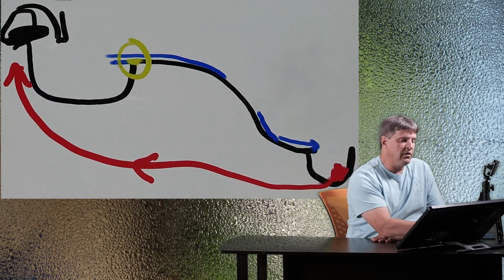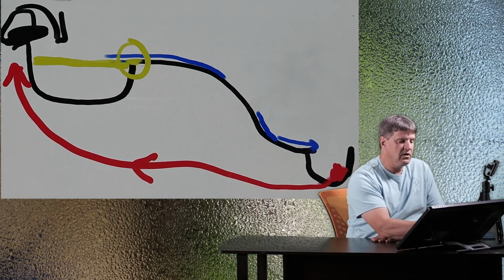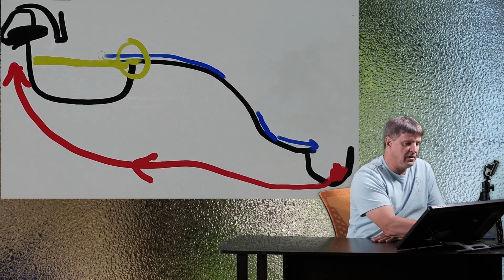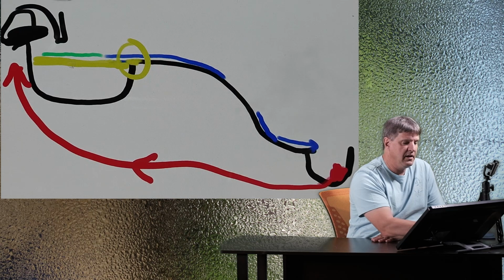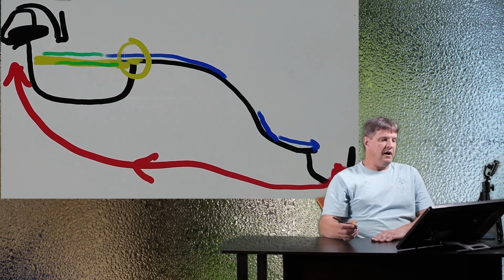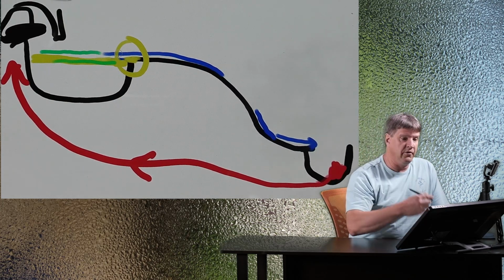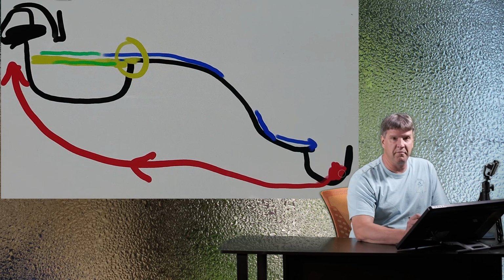So the water level in the pond is going to drain down to this level. Okay, so instead of being up here, bear with me, I'm trying to do different colors, instead of being up here, it's down here. All that water is going to flow down to the bottom pond.